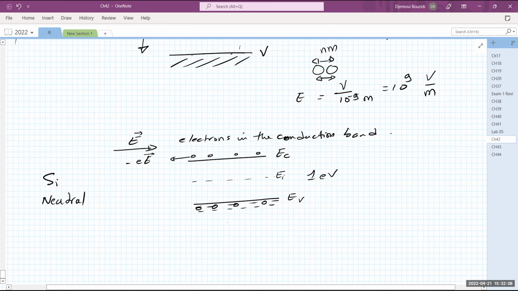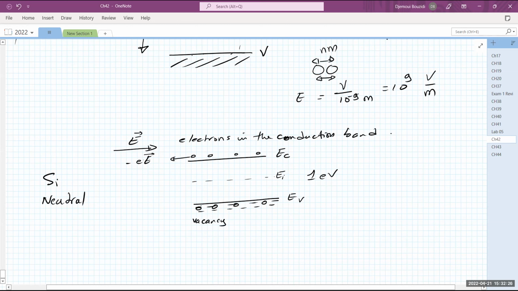So each electron that migrates to the conduction band will leave behind a vacancy in the valence band. So this is a vacancy, and that vacancy can be occupied by the nearby electrons.